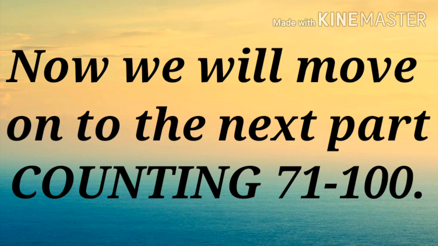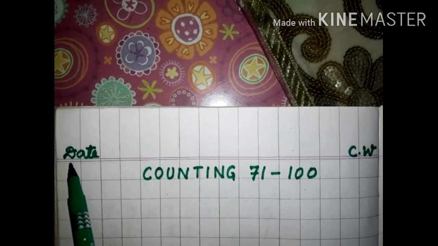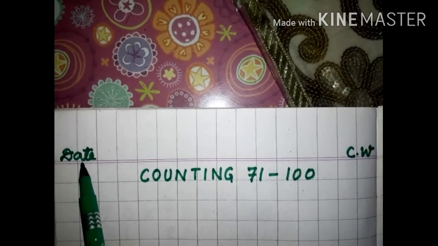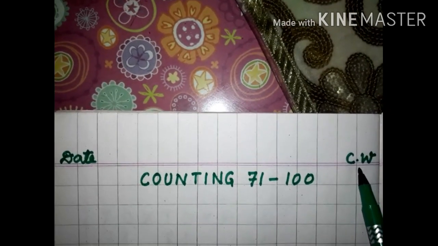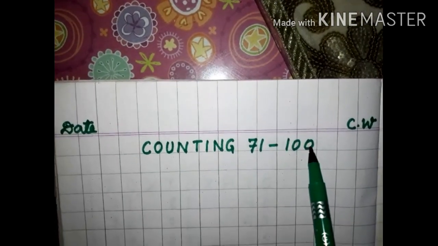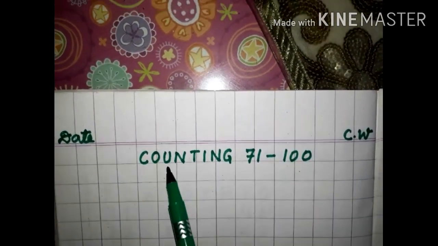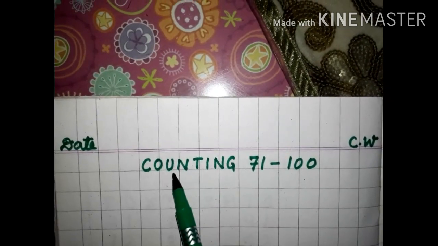Children, now we will move on to the next part, counting 71 to 100. So, in your maths notebook, write down the date, then CW here, and in the first line we have to write the topic, counting 71 to 100. See what is the spelling of counting?